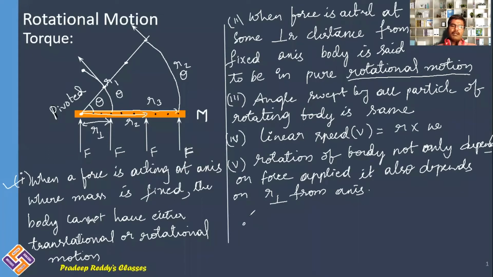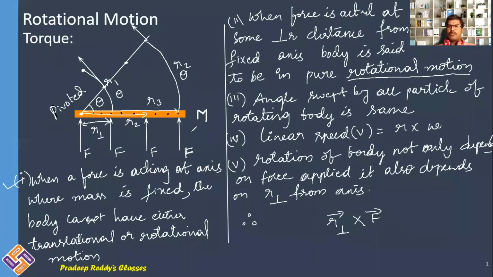Therefore, in order to rotate a body, you need to apply a force which is at some perpendicular distance from the axis of rotation. So r perpendicular, the perpendicular distance where the force is acting, cross product with force F: R bar cross F bar.